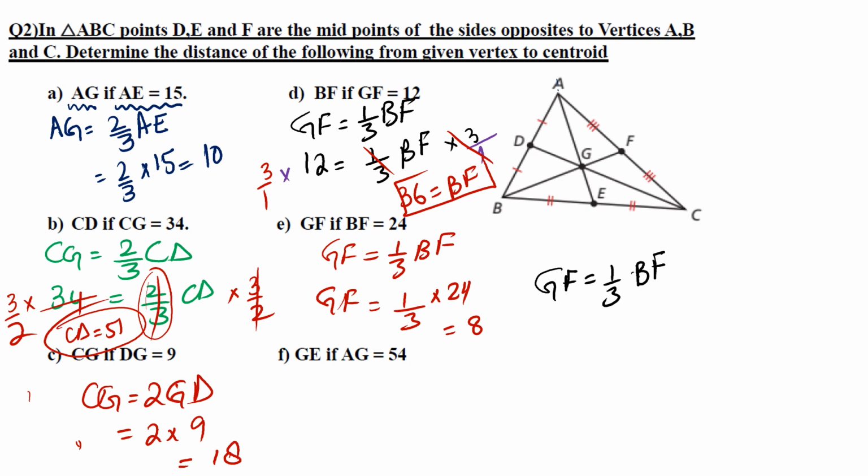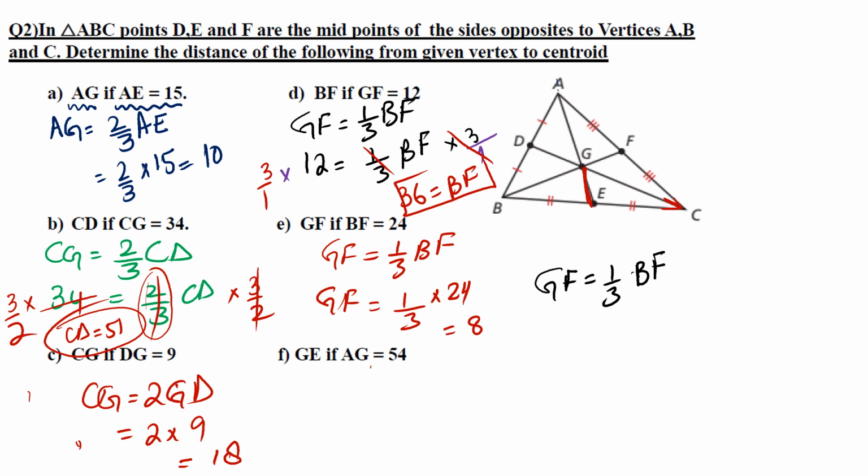Now find GE if AG equals 54. Okay, so find GE. Where is GE? G is coming from the vertex, right? So GE is here. And where is AG? AG is the big part, right?